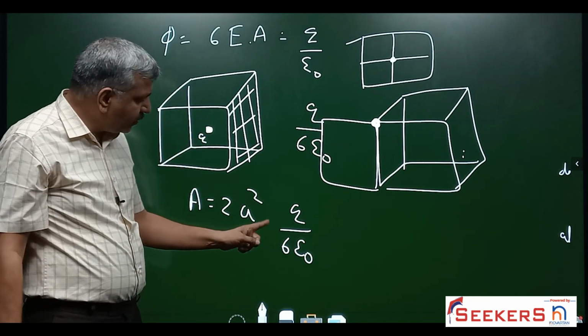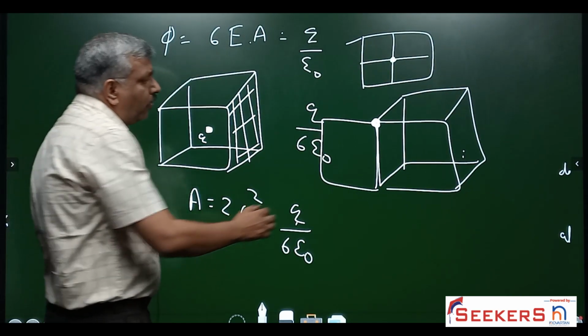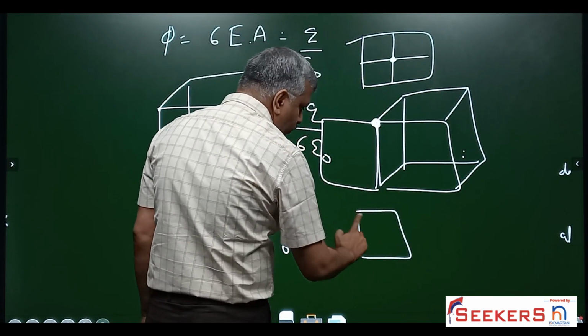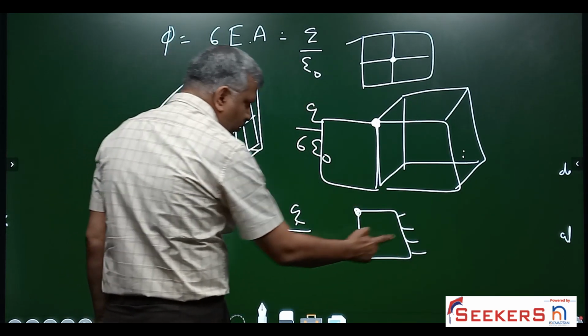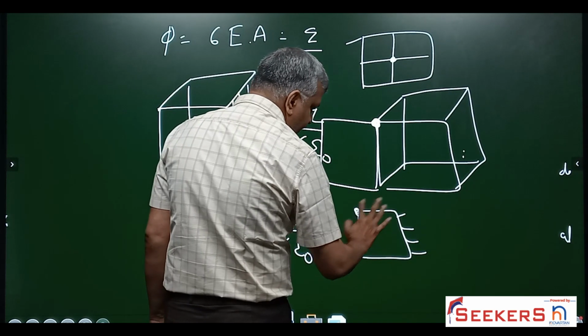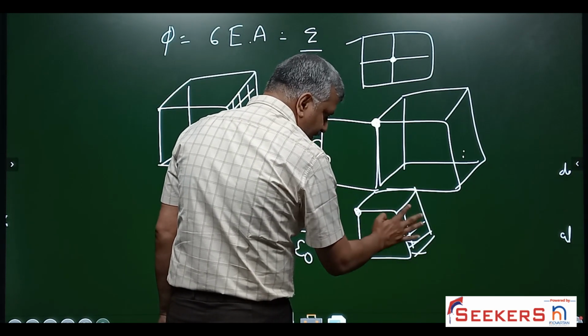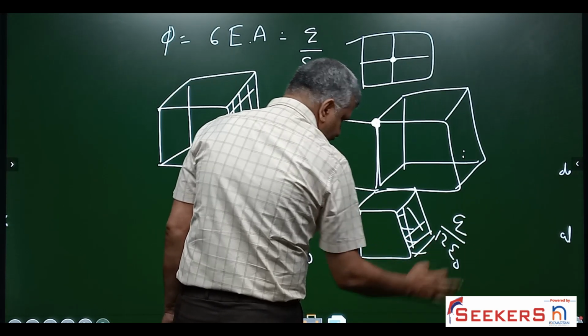So for 2 times A square, the flux is equal to Q by 6 epsilon naught. For just one surface, because initially I had just one cube, it will be half of this. So the flux on this surface will be equal to Q divided by 12 epsilon naught.